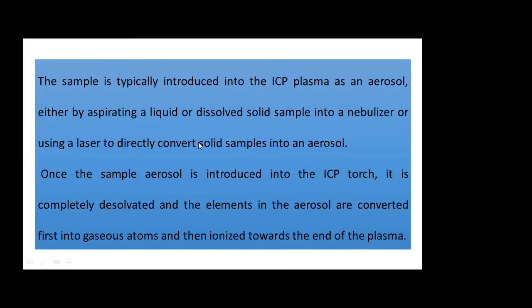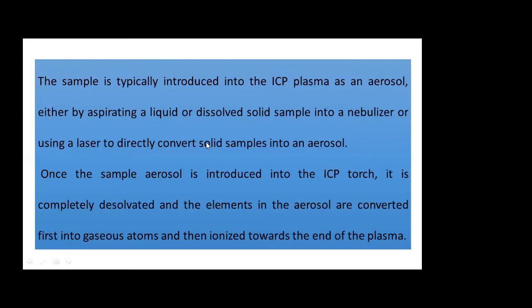Either you suspend your solid particles in a solvent, or you dissolve, whenever possible, your solid sample in a solvent to make a solution, or your sample may be a liquid itself. In such a situation, this liquid can be directly aspirated into a nebulizer, or if it is a solid sample which is not dissolved in any solvent, you can directly convert it into an aerosol with the help of a laser.